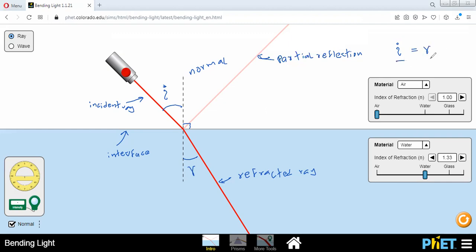Don't get confused. I'm explaining about reflection of waves. If you are not familiar with the concepts of reflection of waves, please search on my channel for the video that I have explained about the reflection of waves. So in reflection of waves, the angle of incidence is equal to the angle of reflection.